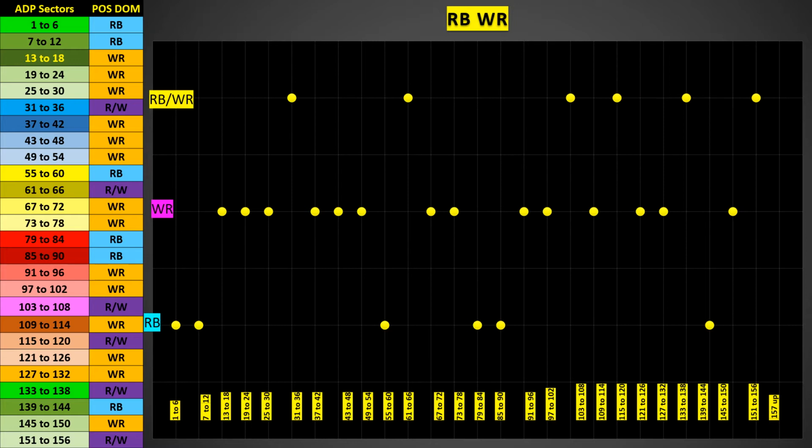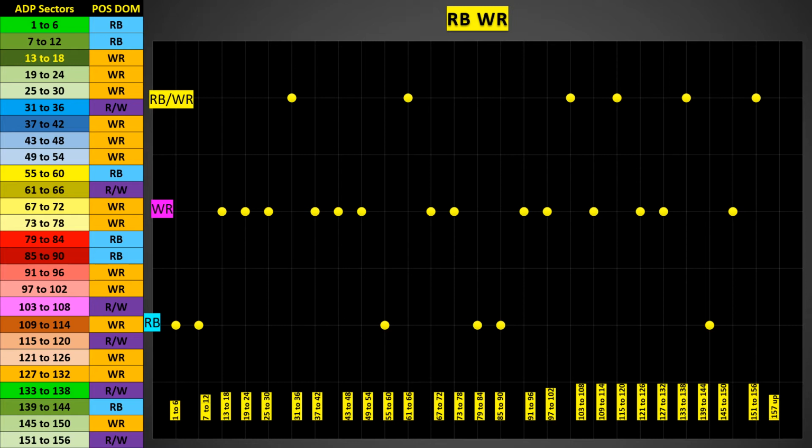Of course that's later, but there are areas where there's lots of wide receivers being picked. So you can predict you'll see a lot of wide receivers going in these blocks. So you just need to be prepared.